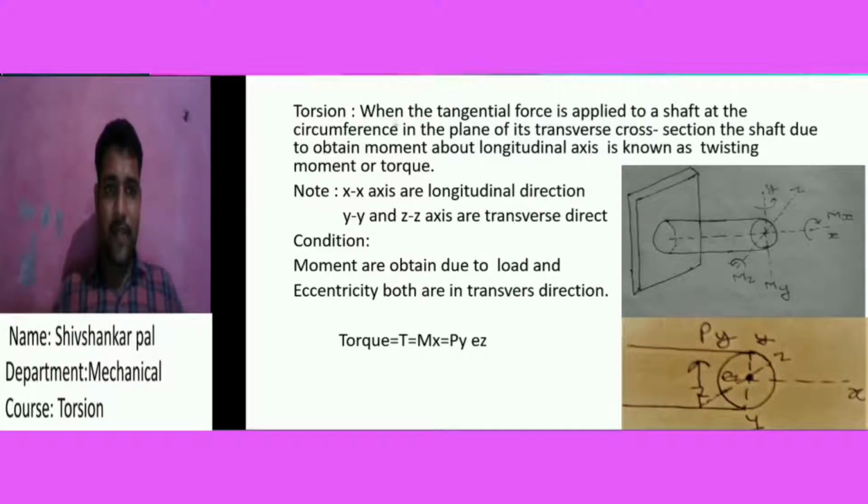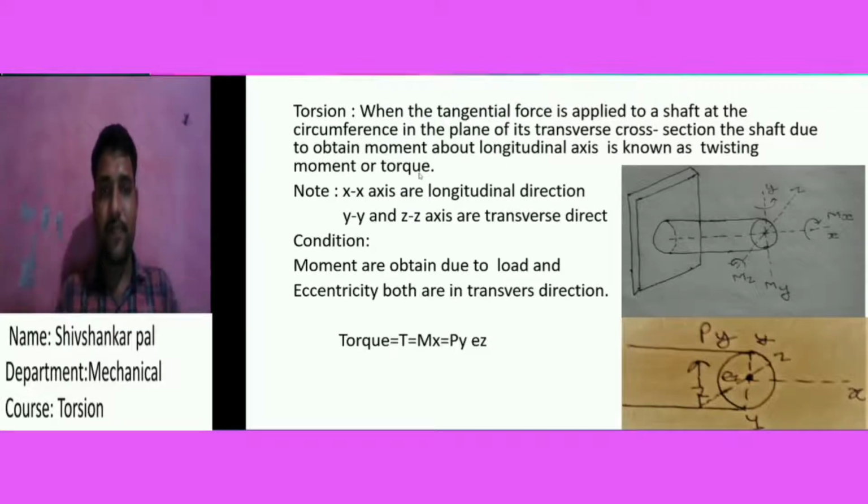Torsion: when a tangential force is applied to a shaft at the circumference, in the plane of its cross-section, the moment produced about the longitudinal axis of the shaft is known as the twisting moment or torque.